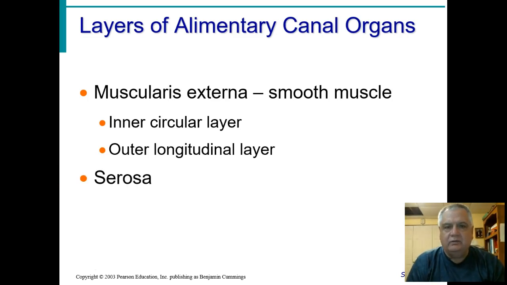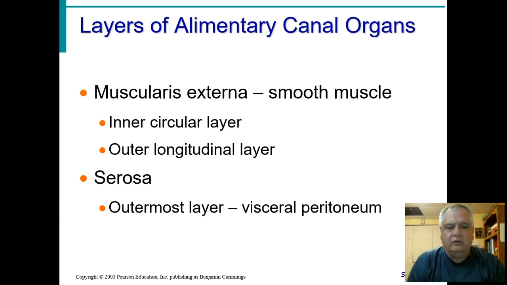And then the final layer of the alimentary canal organ is the serosa. Think of serous membranes. Serous membranes have two layers. One layer is attached right to the surface of the internal body organ. The other layer doubles back and attaches to the body wall.